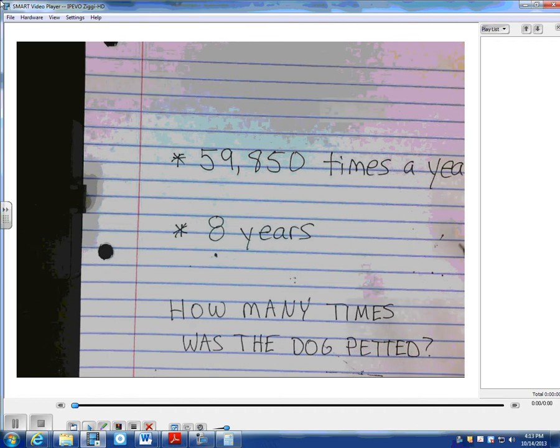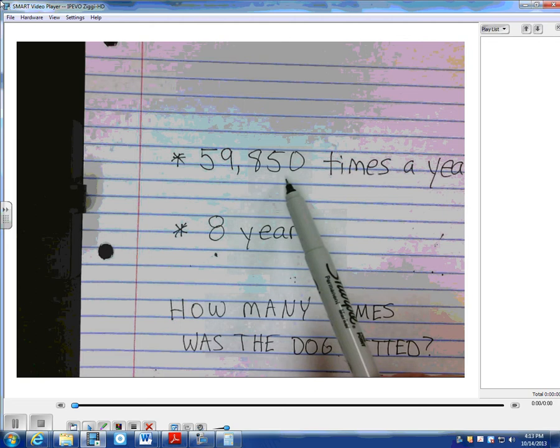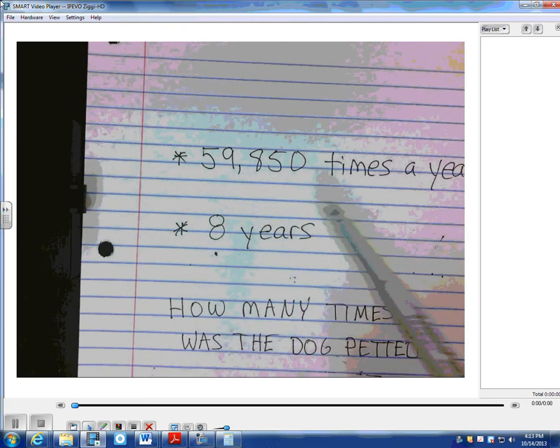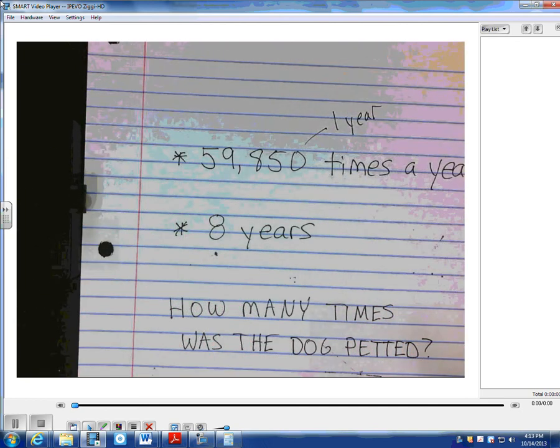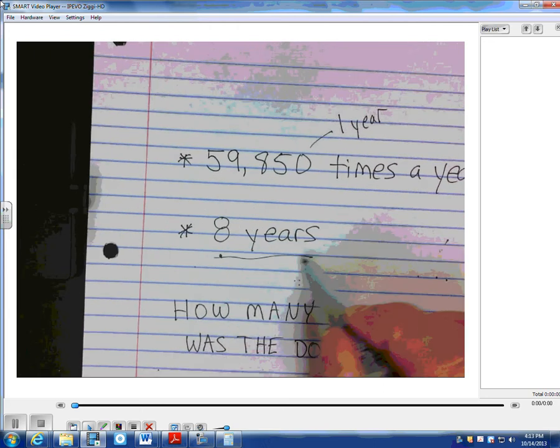So again, each year, 59,850 times it was petted. That's for 1 year. They want to know how many times it was petted in 8 years.